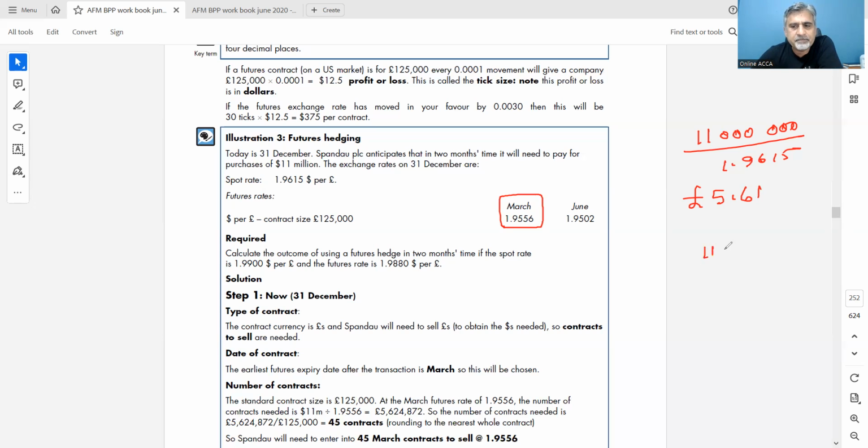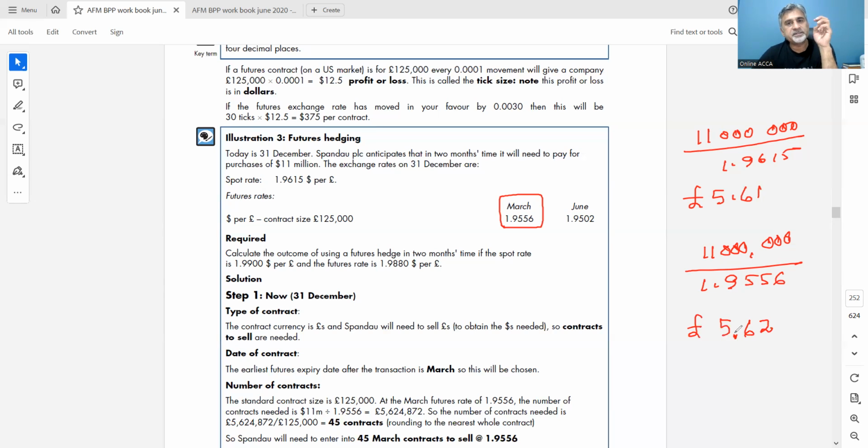So in 3 months' time, if I convert it at 1.9556, now see how many sterlings I would need after 3 months. 11 million divided by 1.9556. I would be needing 5.62 million. Actually it is 5.624. It is 140,000 difference. So I would be needing more money.